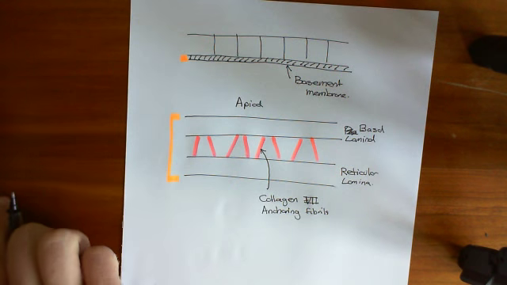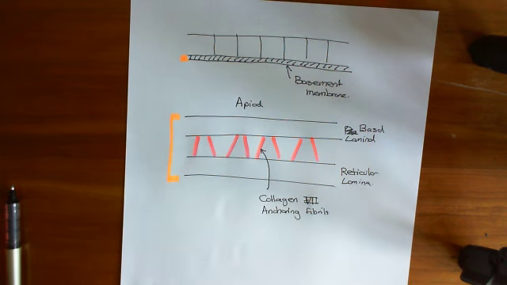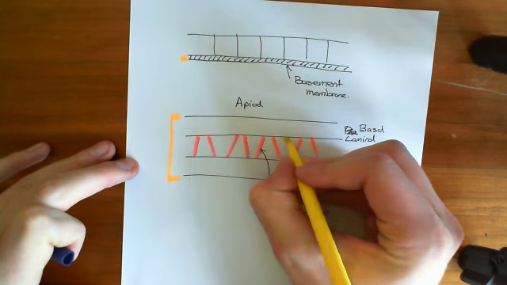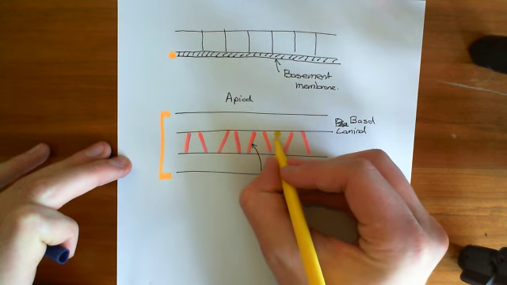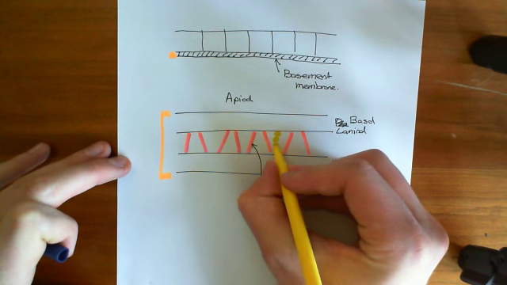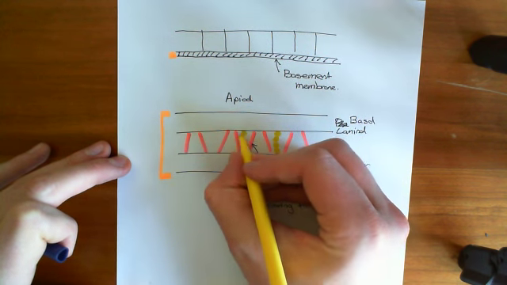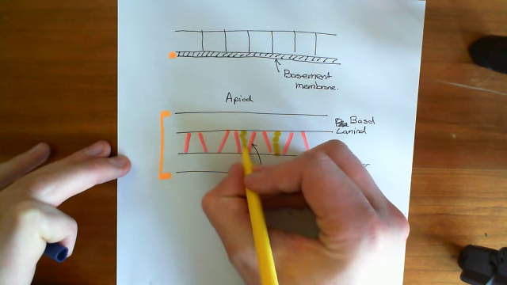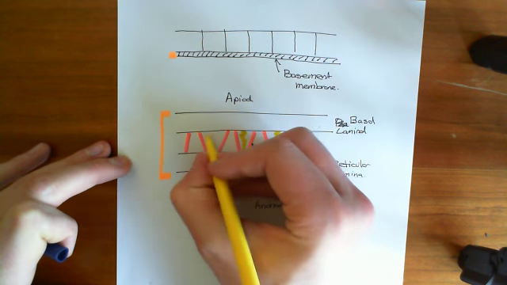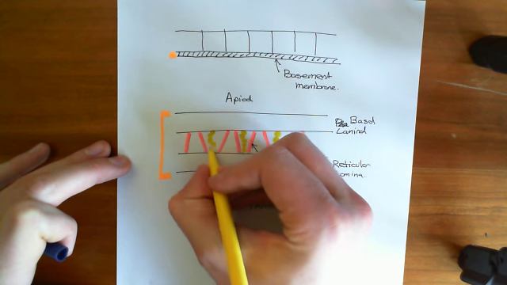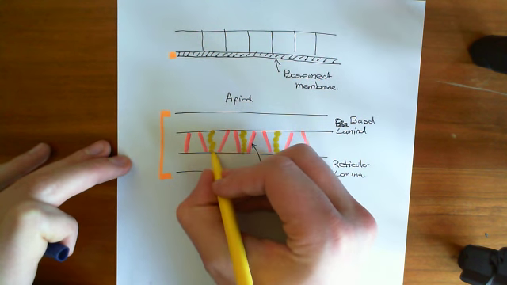Then there's another important thing that binds these two together, which is fibrillin microfibrils. And I'm going to draw these like this. So I'm going to use this yellow pen, which probably won't show. Oh, it's showed up okay. And it's basically loads of blobs connected together like that. So it's a chain of blobs, like this. And each of these blobs represents a fibrillin molecule. So basically, a fibrillin microfibril is loads of fibrillin molecules connected together in this way.